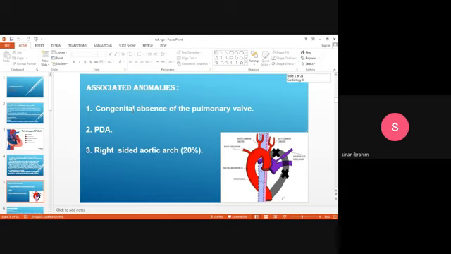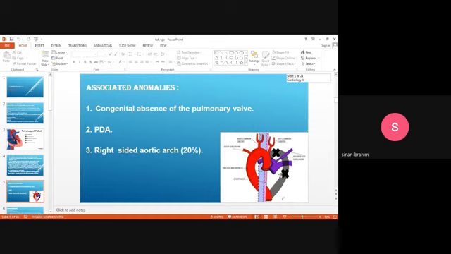The second associated anomaly may be PDA, and the third is a right-sided aortic arch, which is present in about 20% of patients with tetralogy of Fallot.